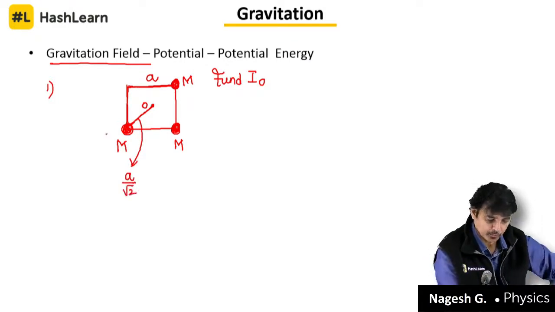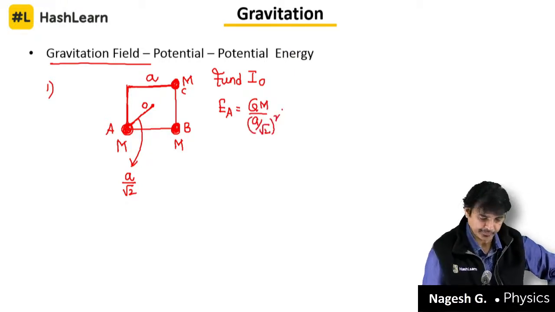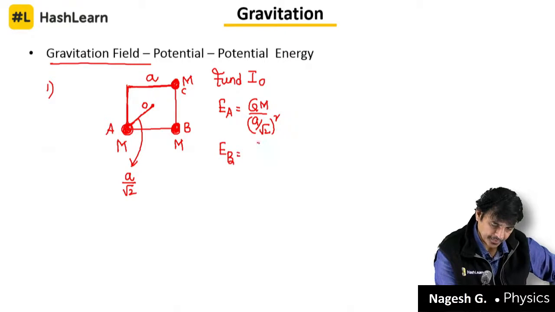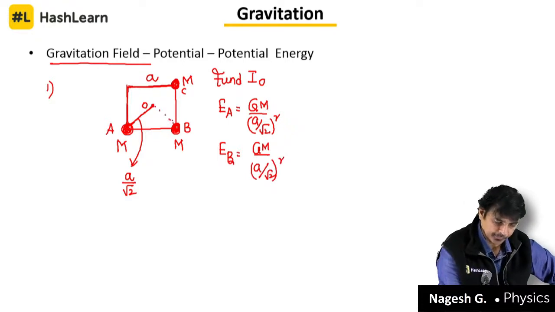Field at the point O due to the mass at the point A is nothing but, as we had a formula, Gm by square of the distance, a by root 2 whole square, and field at the point O due to the mass B, again Gm by a by root 2 whole square, and again this distance is also equal to a by root 2.